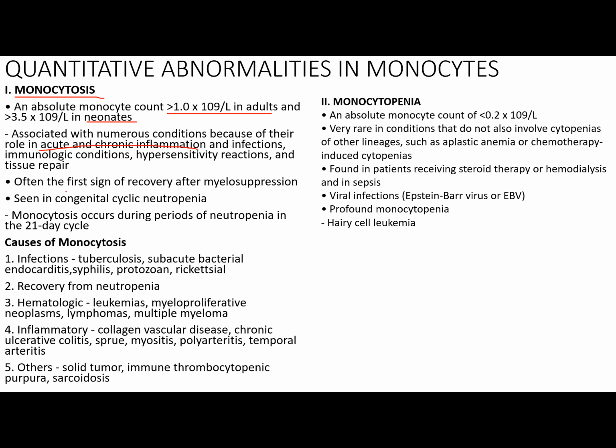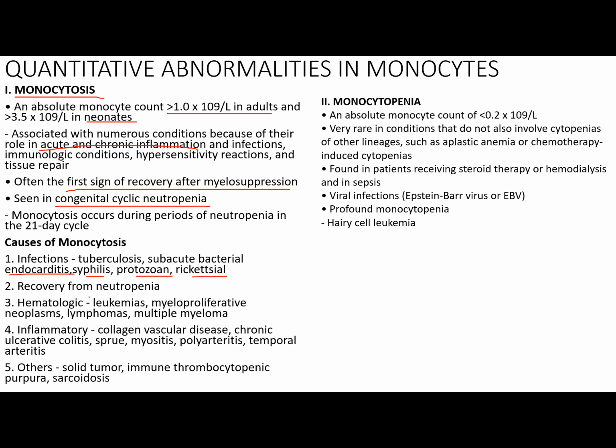They are often the first sign of recovery after myelosuppression, seen in congenital cyclic neutropenia. Monocytosis occurs during periods of neutropenia in the 21-day cycle. Causes of monocytosis would be seen in infection such as tuberculosis, subacute bacterial endocarditis, syphilis, protozoan, rickettsia.